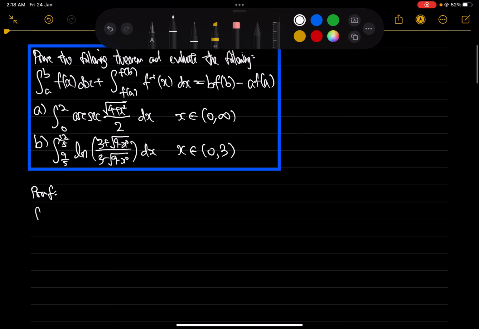So we start from the left this time. And then we just say u is f inverse of x.